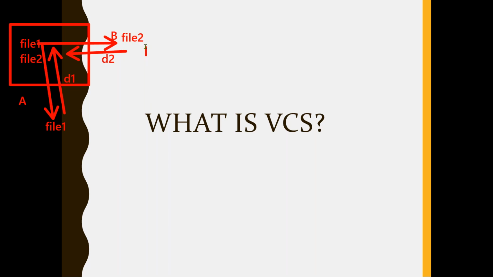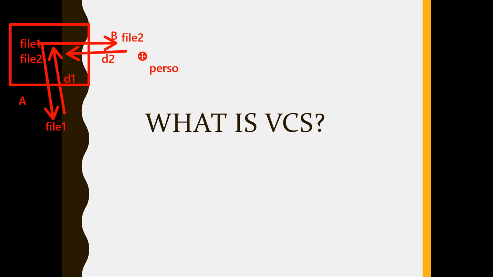Now the file 1 on the remote location will have which person's changes if they didn't use any version control system? Obviously, person B's changes, isn't it? Because what is happening here?